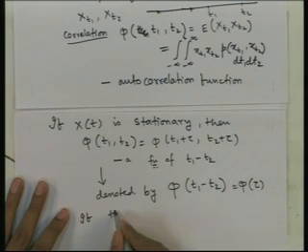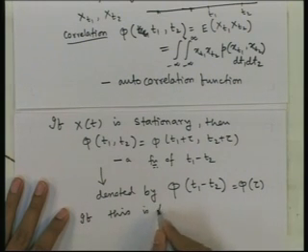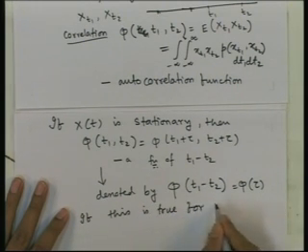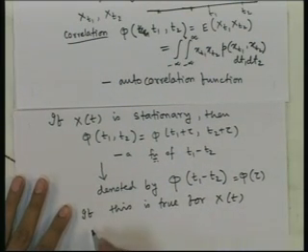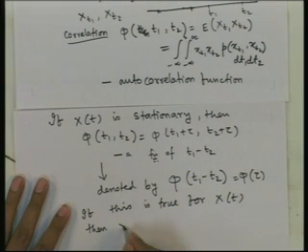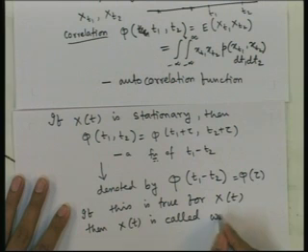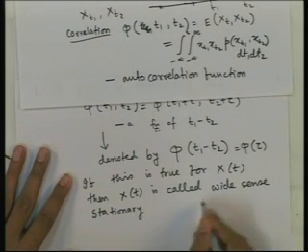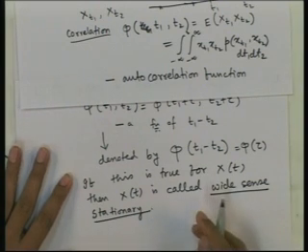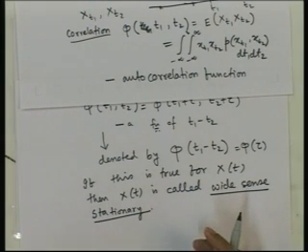So, even if X(t) is not stationary, but this is true for X(t), then X(t) is called wide sense stationary. So, this is a wide sense stationary process.